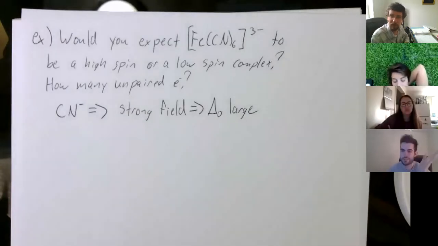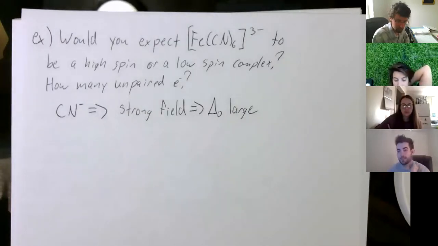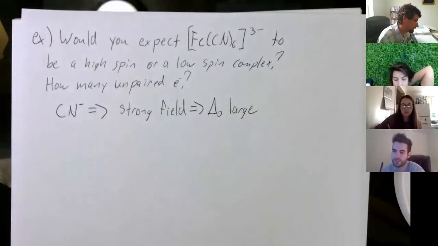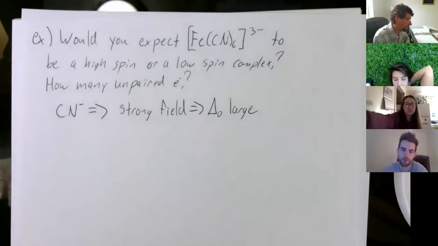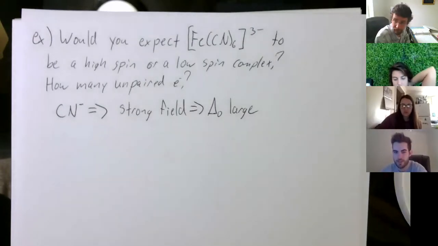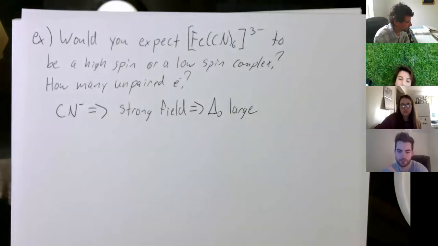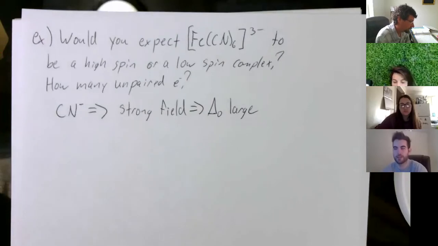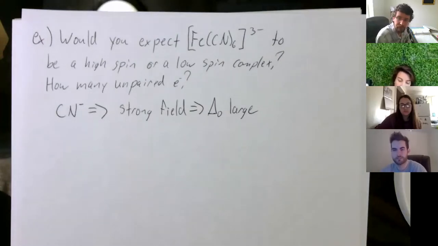I would understand it for the d orbitals, but if we talk about the p orbitals, like 3 electrons in nitrogen, is nitrogen automatically considered high spin?